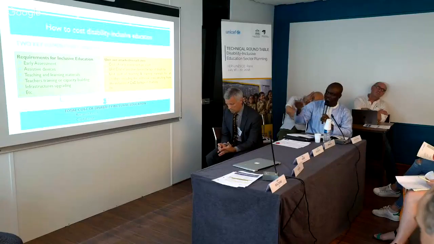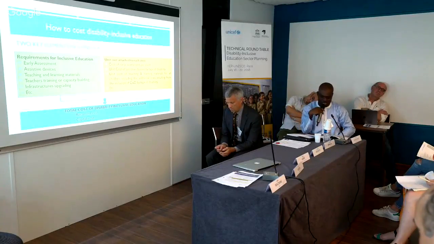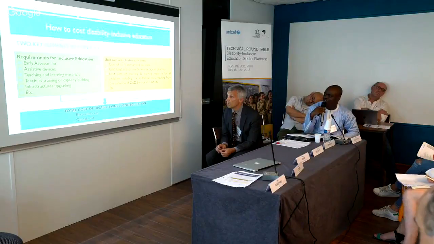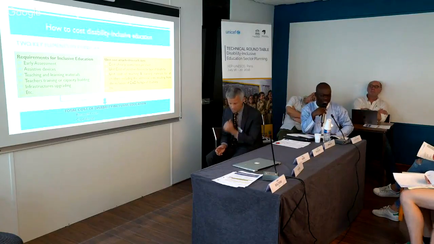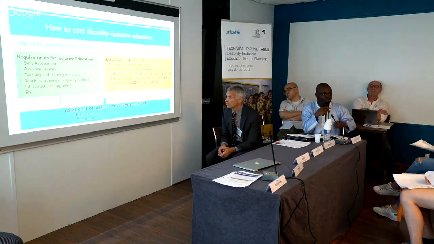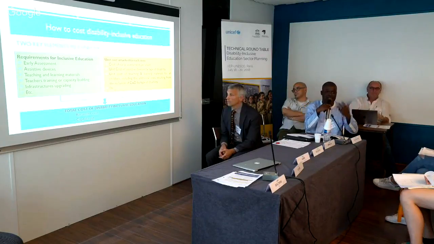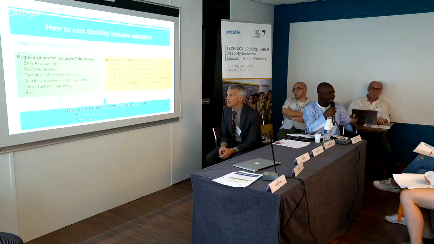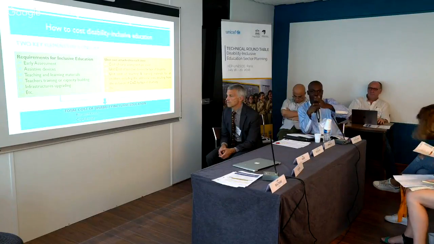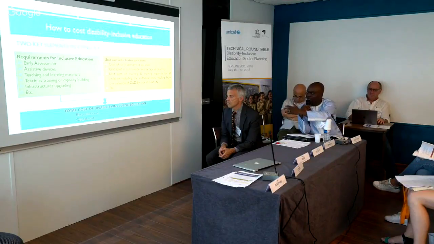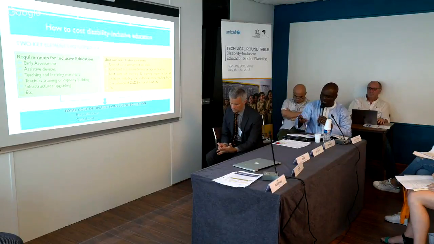And then putting these two together, it will allow for assessment of the total cost of inclusive education, having in mind the perspective to split it between recurrent cost and the capital cost. Because if we are working with capital cost, we need to use the lifespan. For example, the building will take maybe 20 years, but the recurrent costs are the frequent ones, and then it's important to have it in mind.